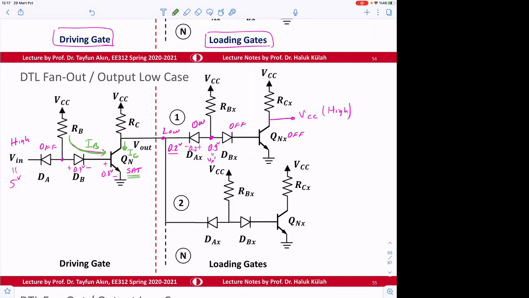So for this to be in saturation, we know that beta forward times I base should be larger than IC. So that's the case.